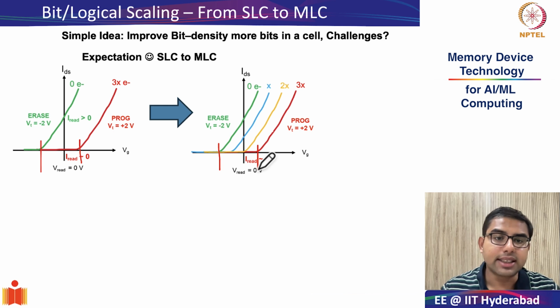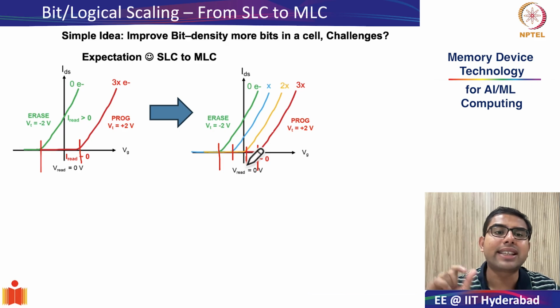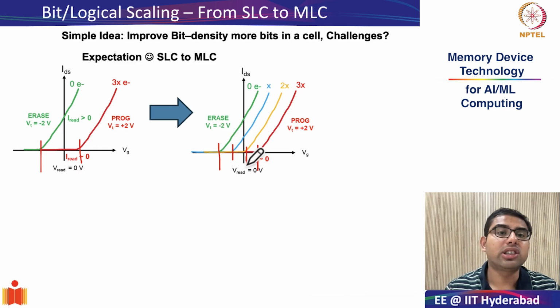So the idea is, if we have two more transfer characteristics, one with -1 volt and one with +1 volt, we will have equally spaced states. If we have equally spaced states, you will be able to store 4 distinct values instead of 2.